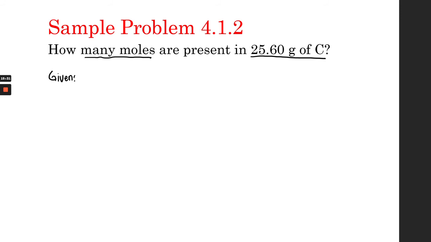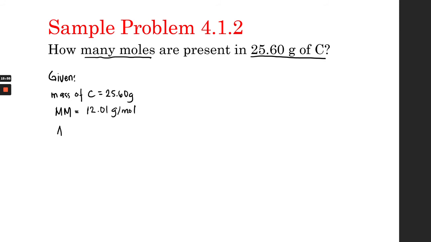So what they gave us is the grams, basically the mass of our carbon, equal to 25.60 grams. Again, we know that the molar mass of carbon is equal to 12.01 grams per mole.